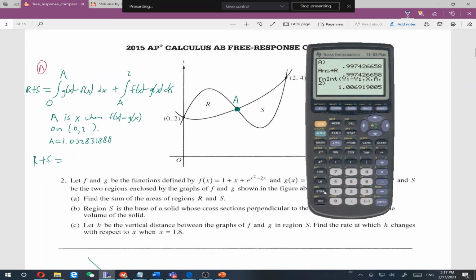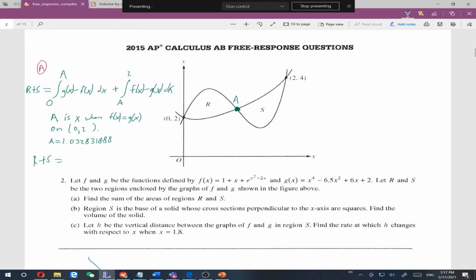Okay, and we'll store that value as region S. Okay, so r plus s then is this. Okay, copy that over here.